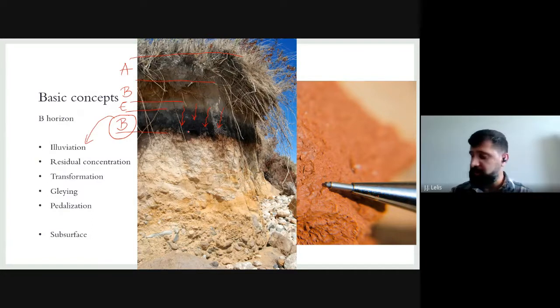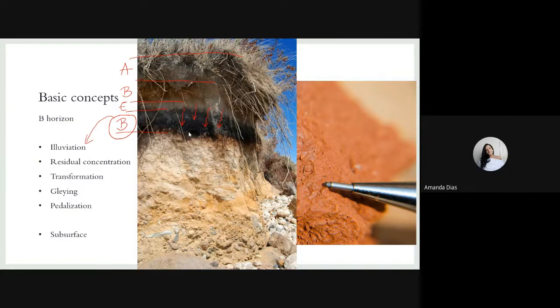But you can identify some buried B horizons too, like buried spodic horizons or podzols, with a spodic horizon in the subsurface. It's not a problem, but it depends on the type of paleosol that you have.